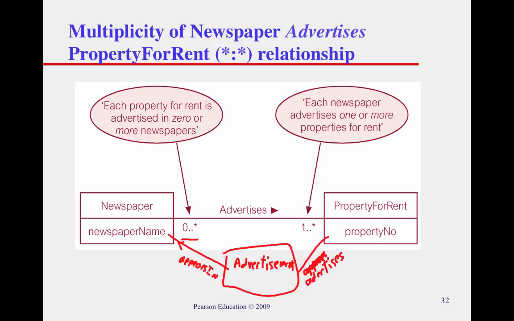And you're going to try to show it as 2 relationships. And further, you're probably going to show it as 2 one-to-one relationships. One advertisement can advertise one property, but it could potentially occur in multiple newspapers.